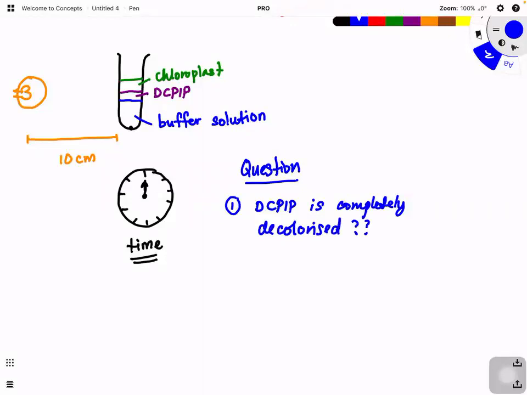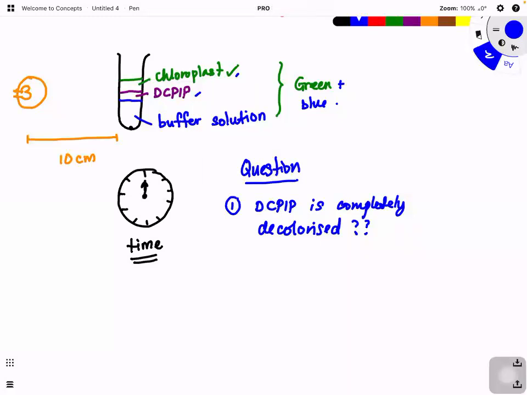Because with chloroplast, the entire solution is a mixture of green plus blue color. Blue because of the DCPIP, and the chloroplast is a green color. In some experiments you would know it is totally decolorized because it is totally transparent, but this one, no.